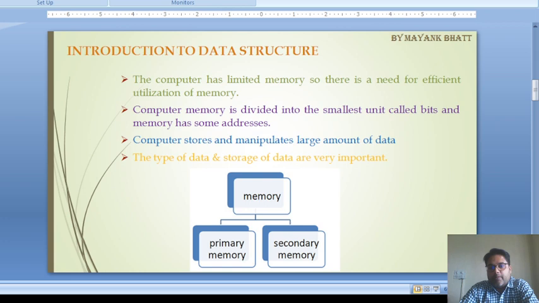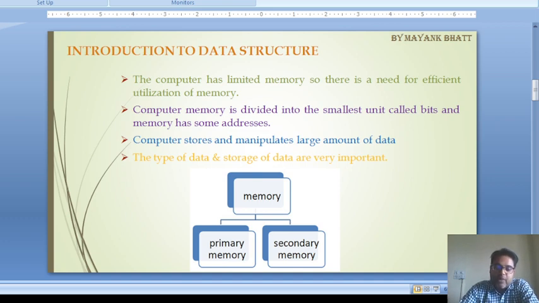Now the computer memory is divided into the smallest units called bits, and memory has addresses. A computer stores and manipulates a large amount of data. The type of data and storage of data are very important. When we talk about memory, how can we use that memory? Memory can be used in two different forms.